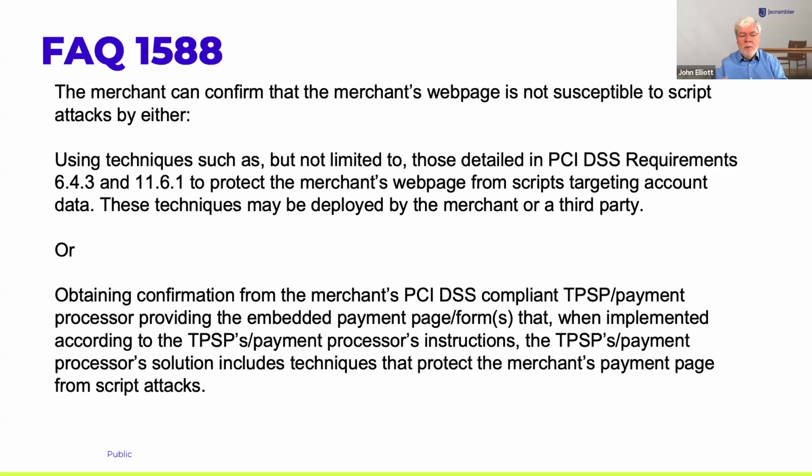Or you can get confirmation from your PCI DSS compliant third-party service provider or payment processor, or PSP, that their embedded payment forms, when implemented according to their instructions, include techniques that protect the merchant's payment page from script attacks. So you can either do 6.4.3 and 11.6.1, or you can ask your PSP if their iframe is immune from attacks from scripts. So basically, you've got this option or this option.